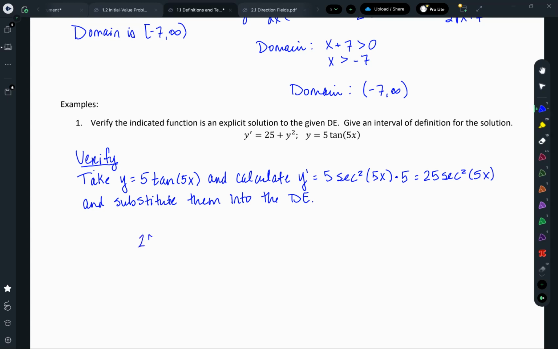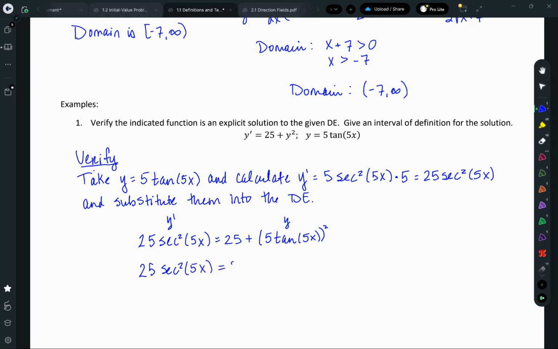So I get 25 secant squared of 5x, that's my y prime, equals 25 plus y squared will be, I'm going to put the 5 tangent of 5x all inside parentheses to square it. Okay, so left-hand side, 25 secant squared of 5x, that's the y prime. And then on the right-hand side, I have my 25 plus my y getting squared.